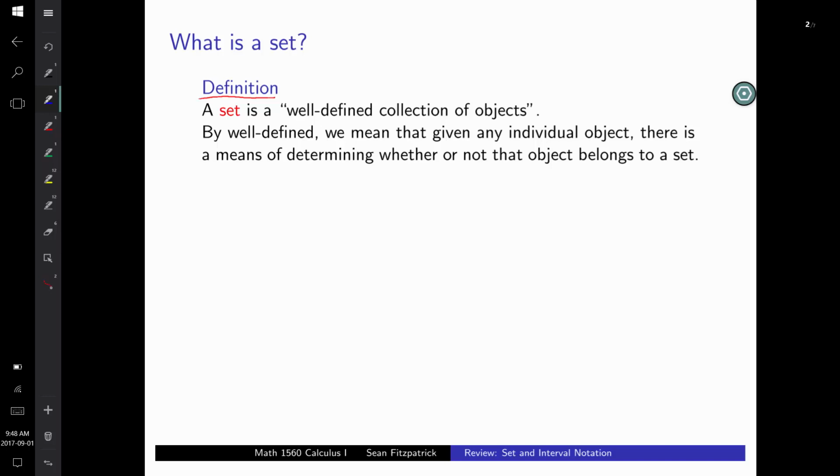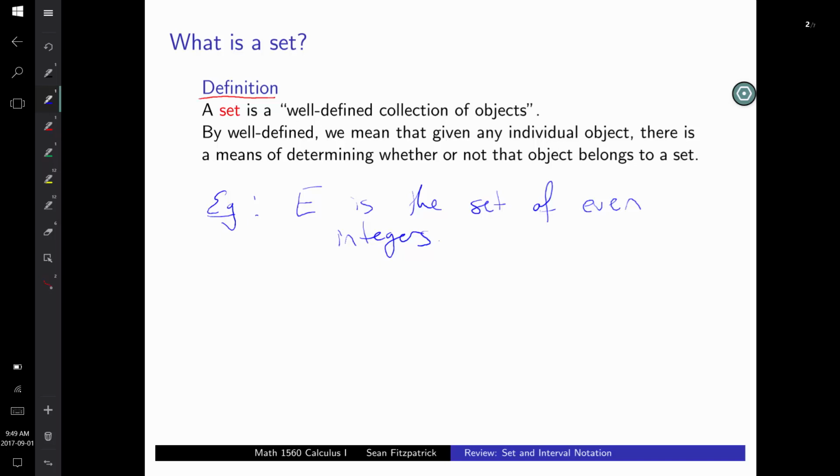What we really mean is you've got a bunch of things, and there's some way to tell which things belong to your set and which things don't belong to your set, right? So if I say something like E is the set of even integers, well, that works because I know what an integer is and I know what it means for an integer to be even.